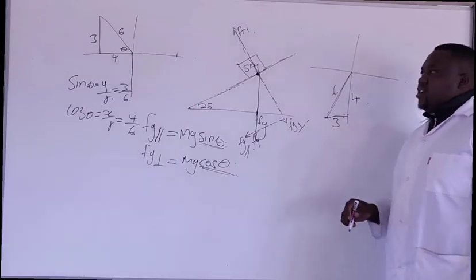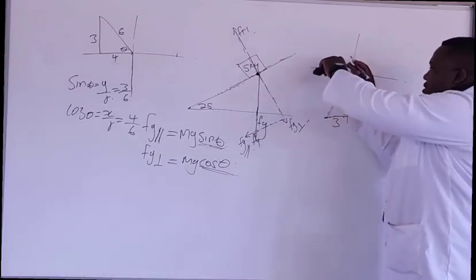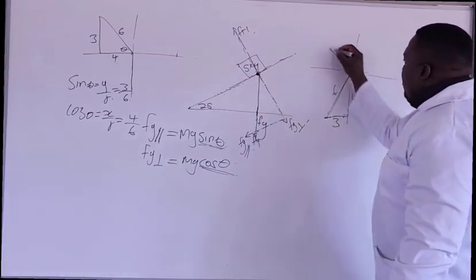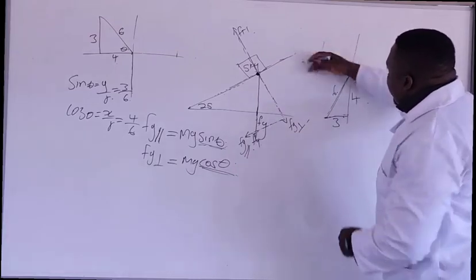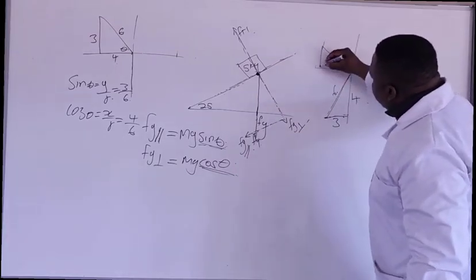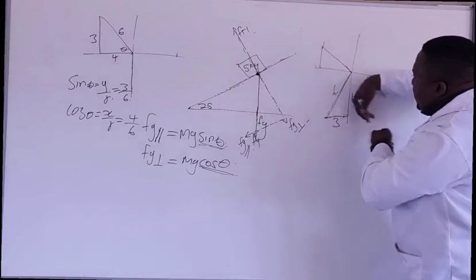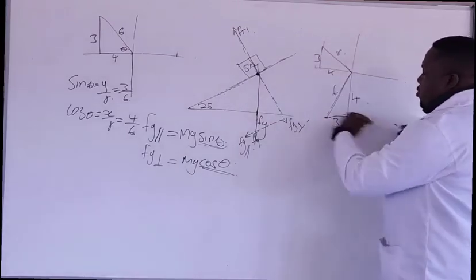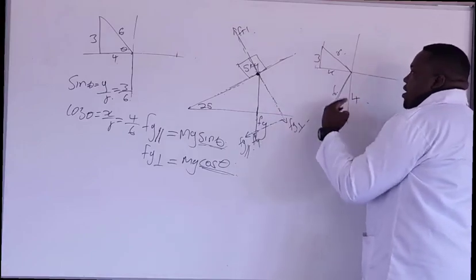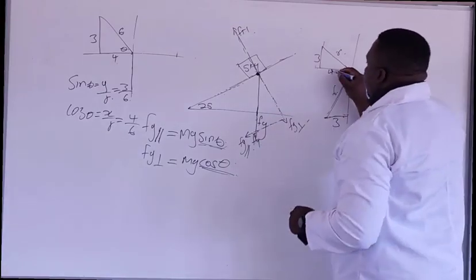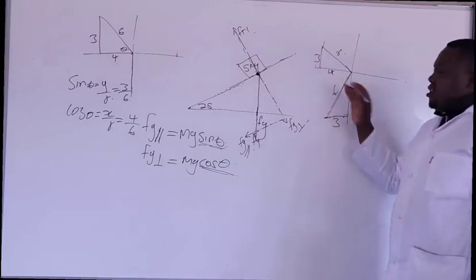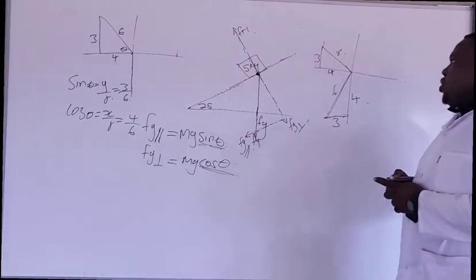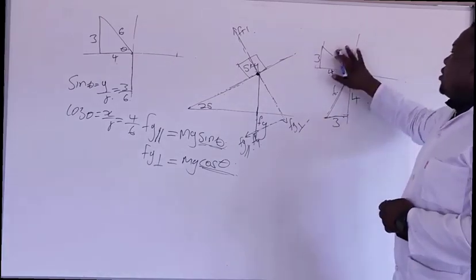R will never change when we've shifted the triangle. The triangle was here, then the triangle was here, the very same triangle. So if we turn it, 3 will be horizontal this time around, then 4 will be vertical. The radius R is not going to change. Can you see what we have here?